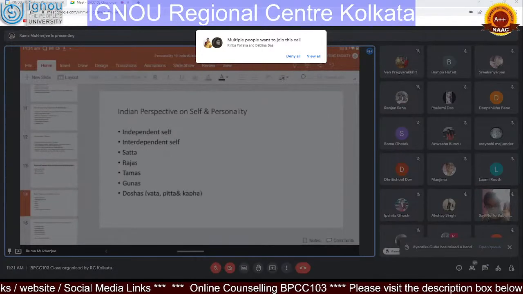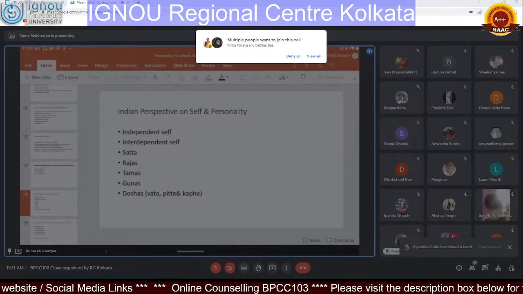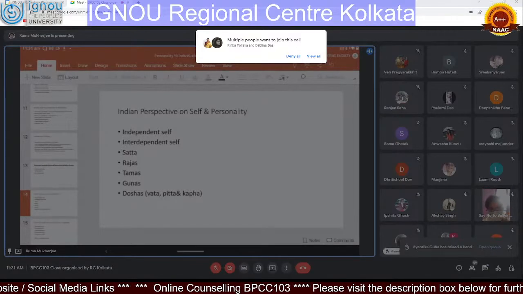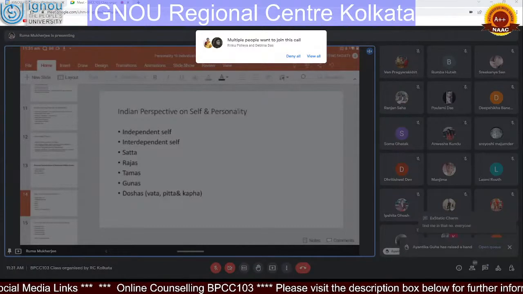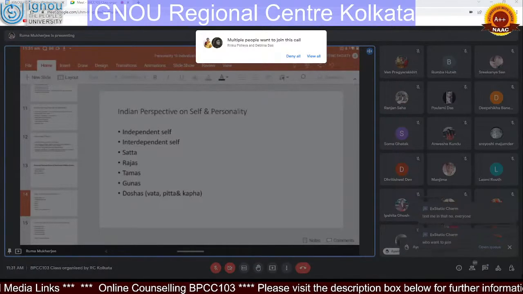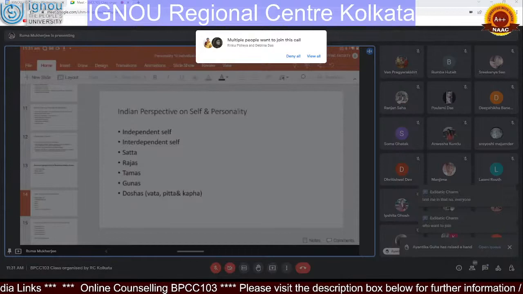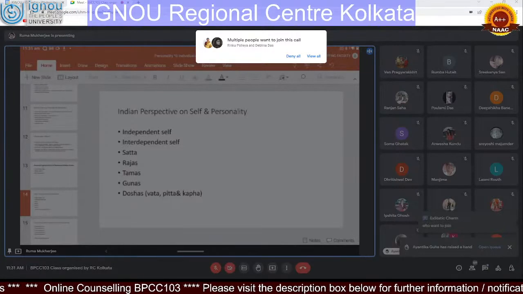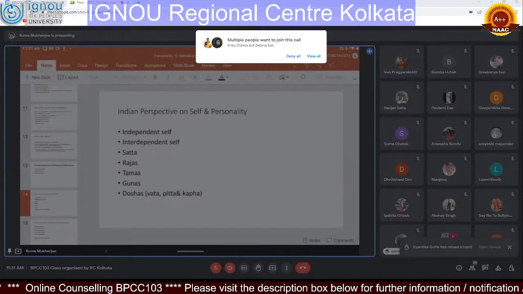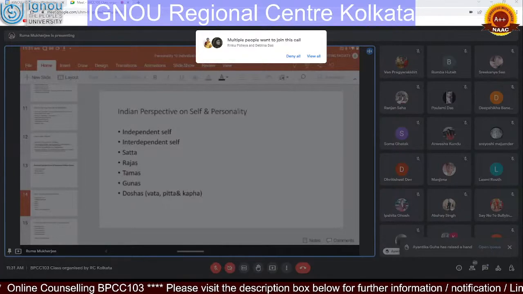Then comes the next part, the Indian perspective on self and personality. According to the Indian perspective, there has been various research, comparing the Western and the Indian perspectives on how to describe the self or personality.